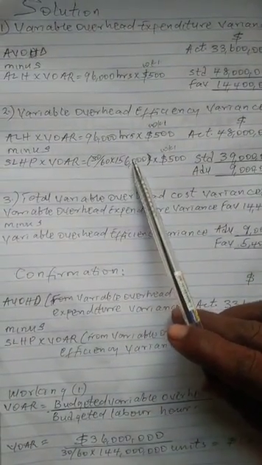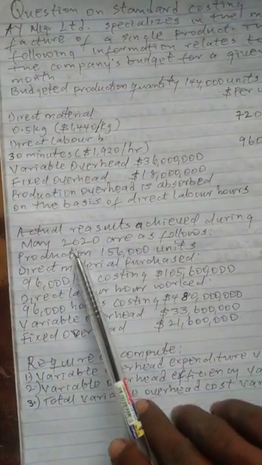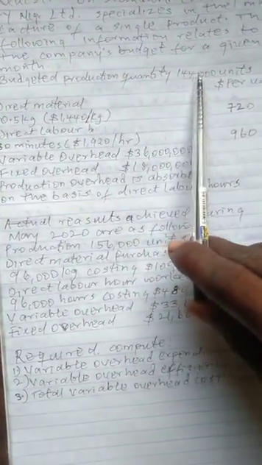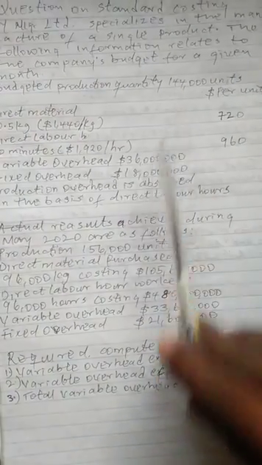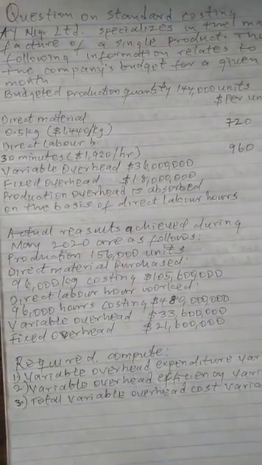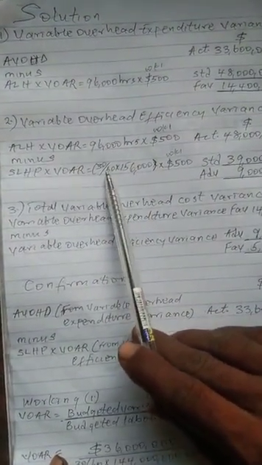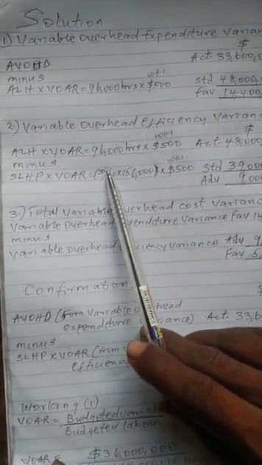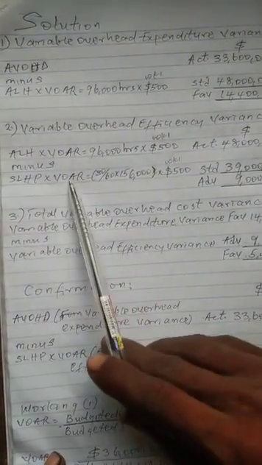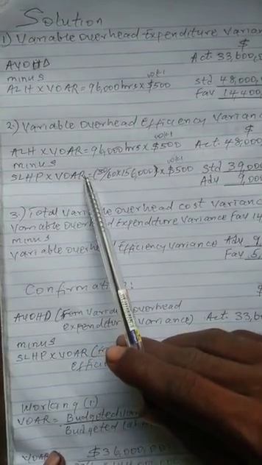What is the actual production? You go to the question. Actual production. Look at it. 156 million. You have the budgeted production, 144 million. Don't pick this. It is standard labor hour for actual production. This is it. Pick it. Put it here. So multiply 0.5, 30 divided by 60 giving us 0.5, multiply by 156, multiply by the variable overhead absorption rate.